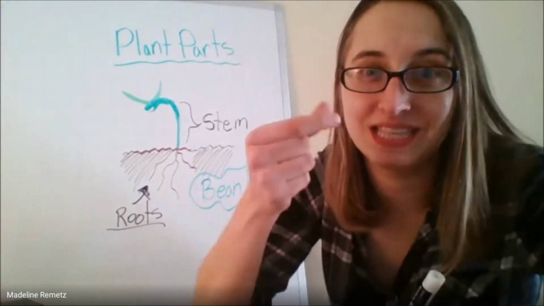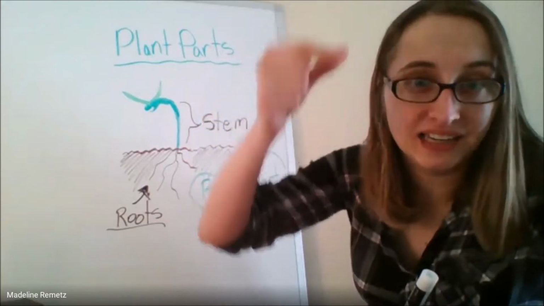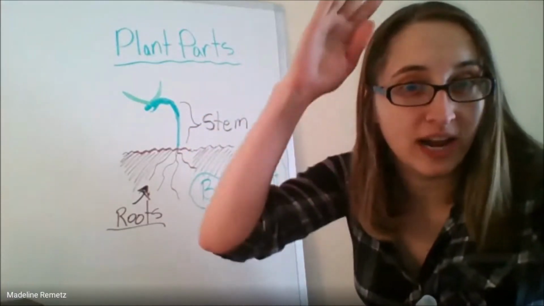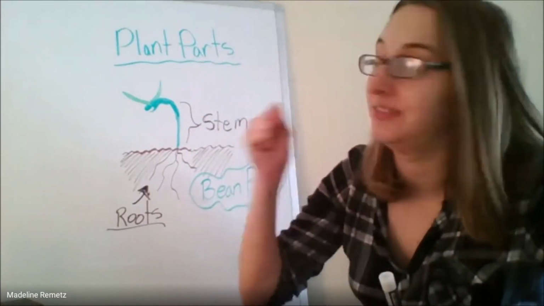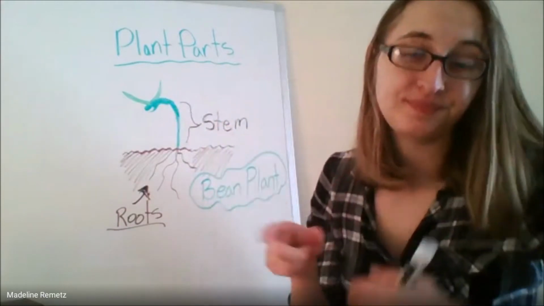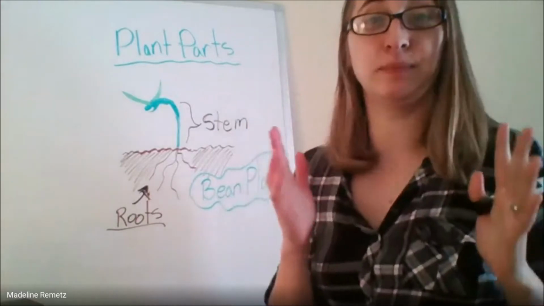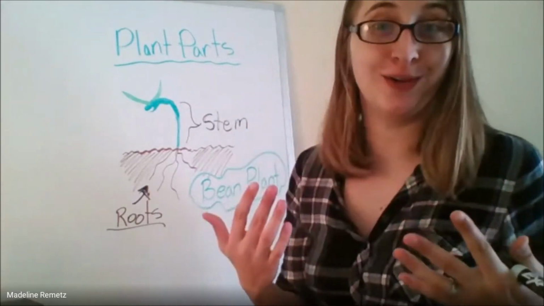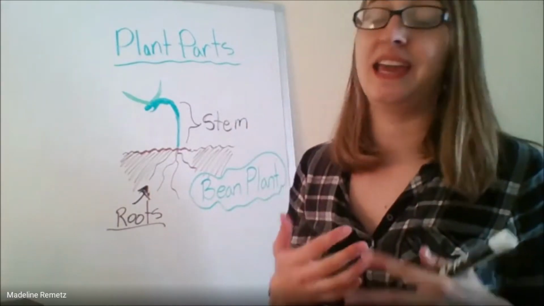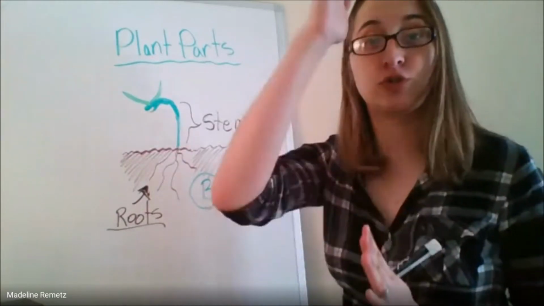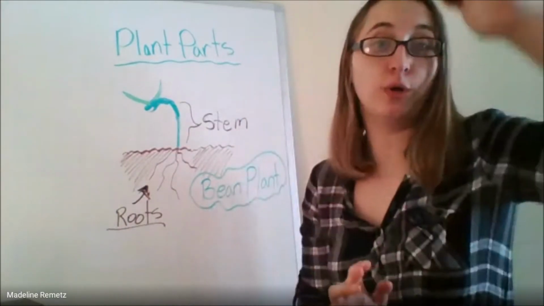A stem is the skinny green line that travels out of the ground to where the flower is or where the seed is going to be. And the stem is responsible for keeping it up straight so that it doesn't fall over like the roots do. And the stem also helps travel up and down the plant all the food.